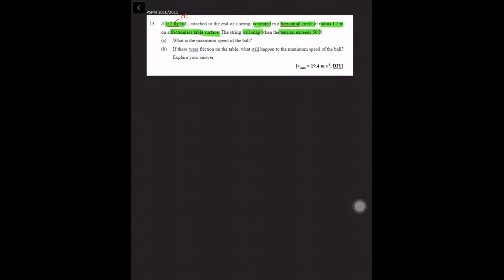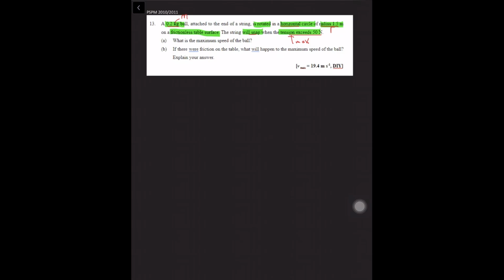So it is a horizontal circular motion case with radius 1.5 meters, so this is r, the radius, on a frictionless stable surface, so we will ignore the friction. The string will snap when the tension exceeds 50 newtons, so 50 newtons is the maximum tension in the string. If the tension exceeds 50 newtons, the string will snap or break.